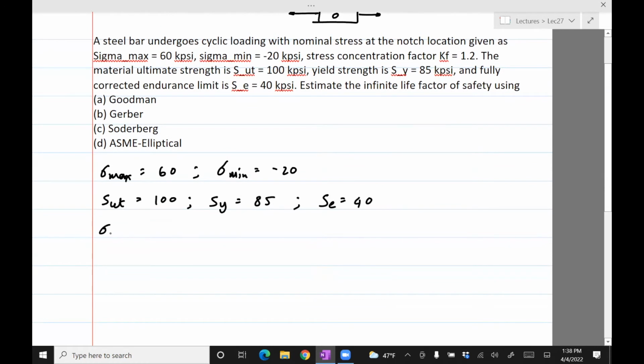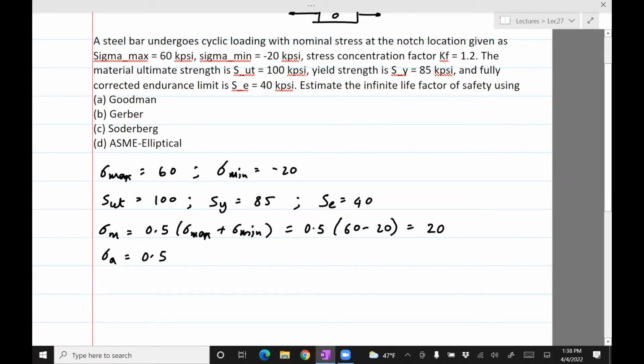So sigma M is the average stress, 60 minus 20, which is 20 on average.